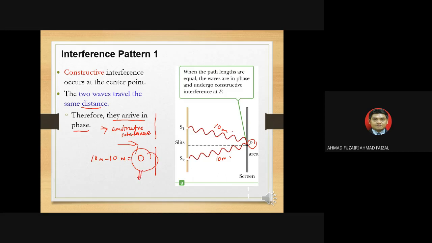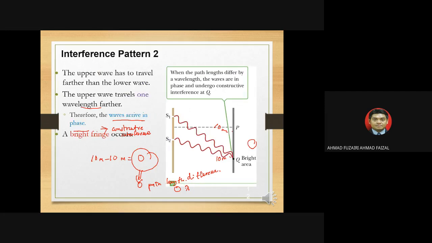This 0 meters is considered to be 0 path length difference, which means 0 lambda. At 0 lambda, you will see this because the two waves travel the same distance.